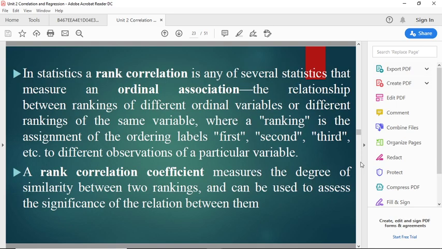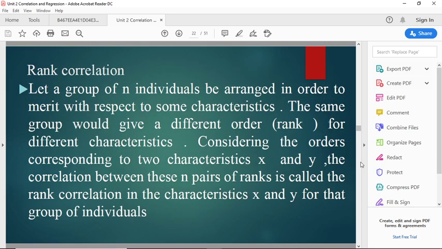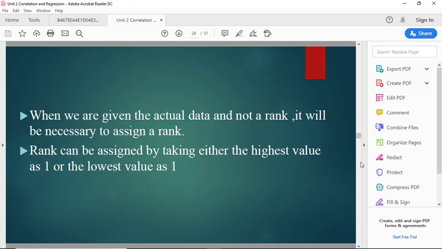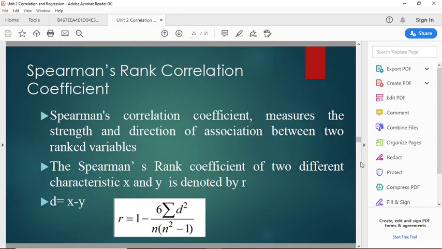Clear, that is the rank correlation definition. We discussed that, and then its meaning, and why we use rank correlation, and then we learned this formula in the last lecture. The formula is 1 minus 6 sigma d square upon n into n square minus 1.